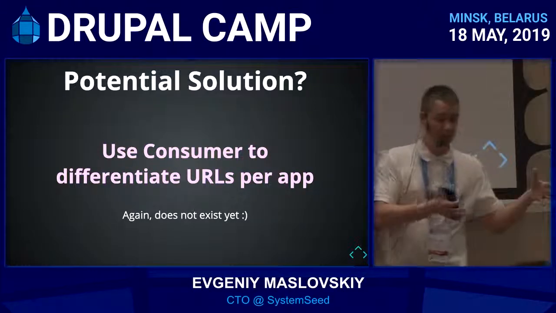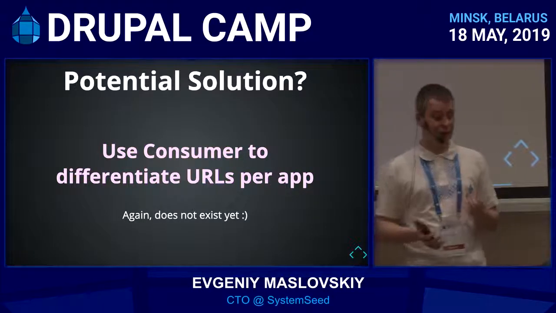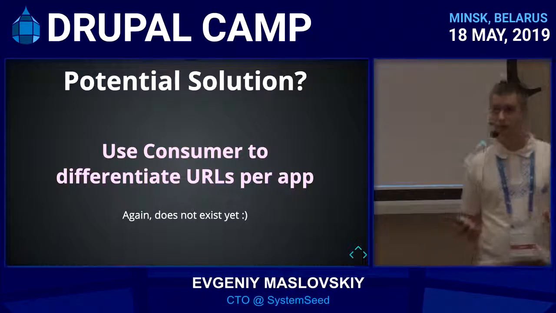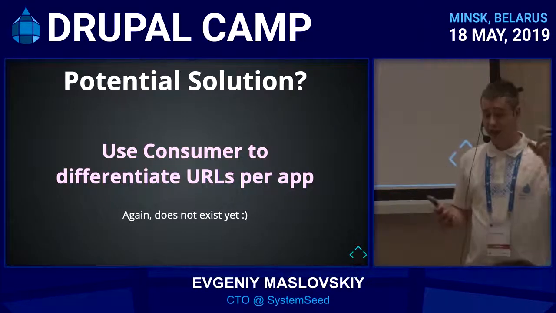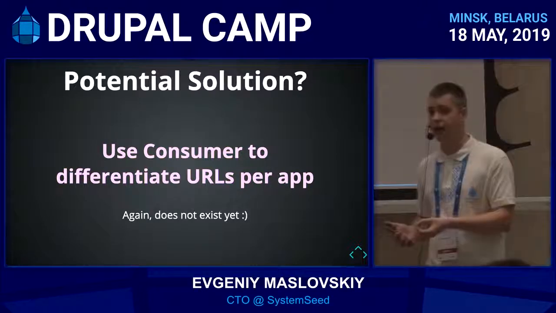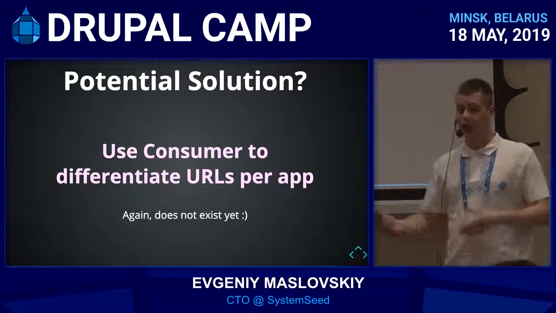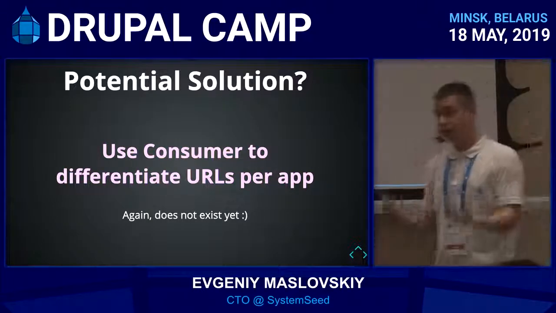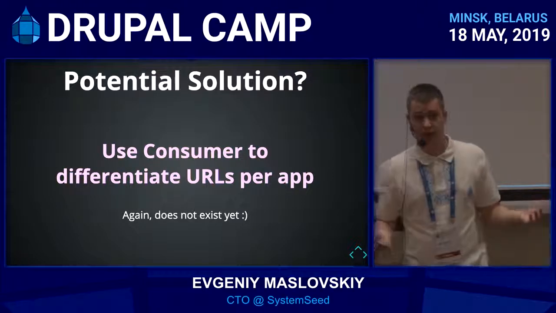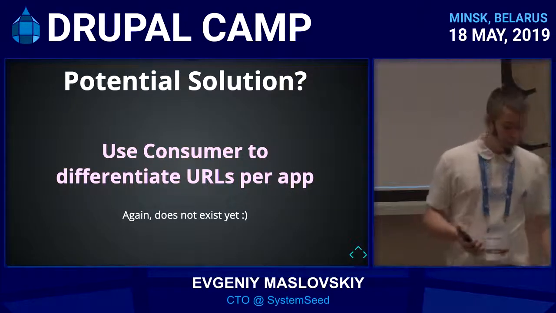We want to extend this idea and integrate it with the consumer field, so when a node is tagged with consumer A, the path is saved, and the URL is also tagged with consumer A. When consumer A requests what's on this URL, it will return the node. When consumer B does the same, it will say, I don't have this node, there's nothing on this URL. That's how we plan to solve this problem.